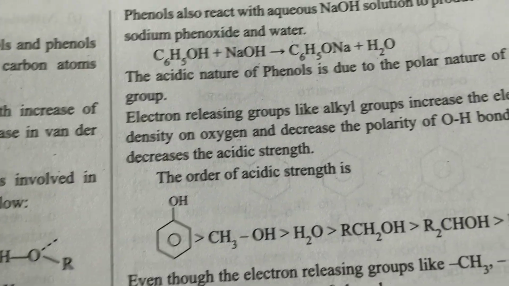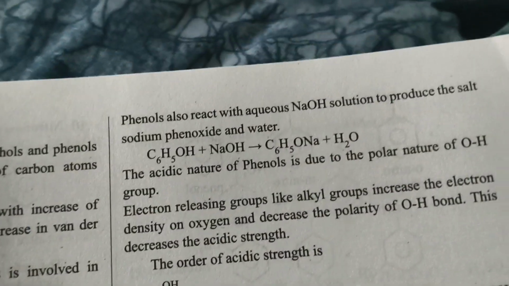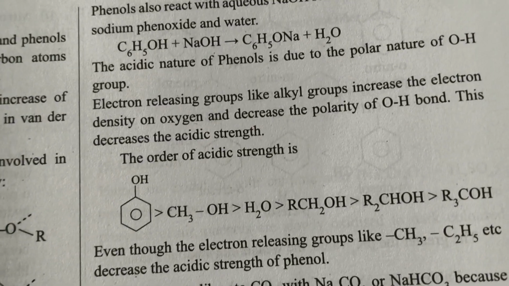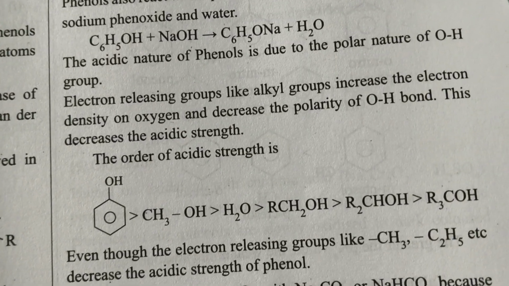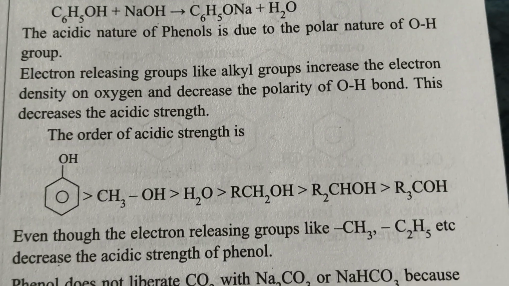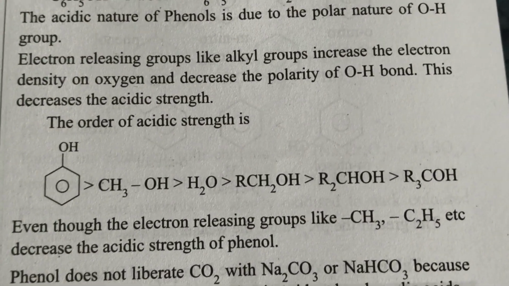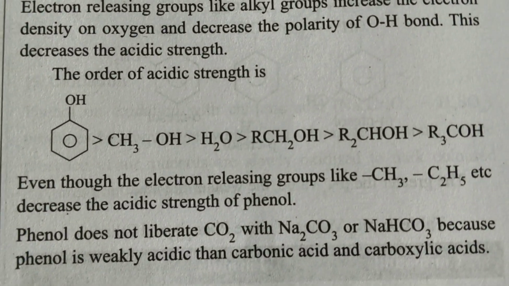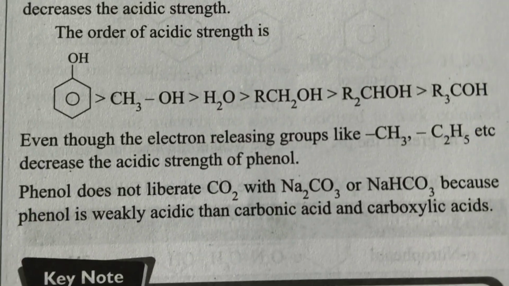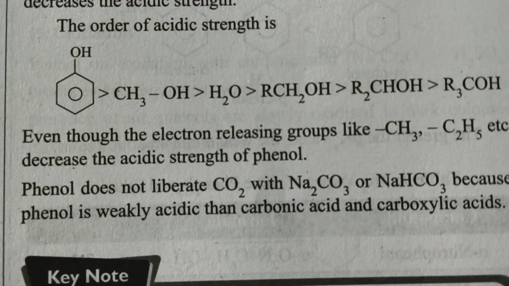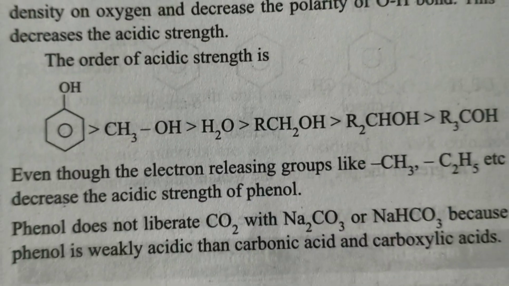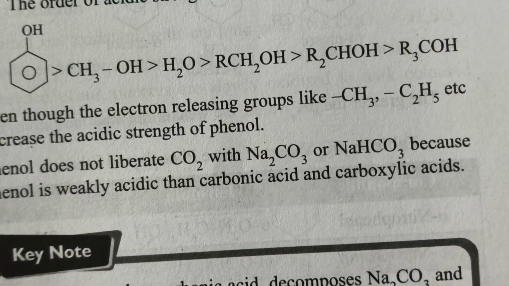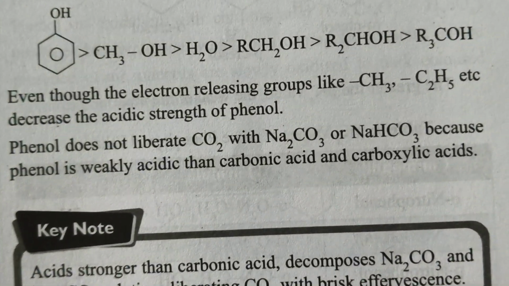Phenols also react with aqueous NaOH solution to produce the salt, sodium phenoxide, and water: C6H5OH + NaOH → C6H5ONa + H2O. The acidic nature of phenols is due to the polar nature of the OH group. Electron releasing groups like alkyl groups increase the electron density on oxygen and decrease the polarity of the OH bond. These decrease the acidic strength. The order of acidic strength is here. This is the order. Even though electron releasing groups like CH3, C2H5, etc. decrease the acidic strength of phenol.